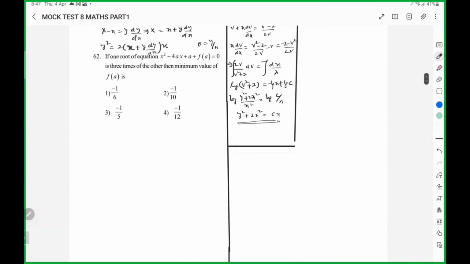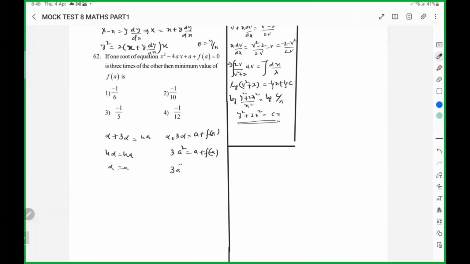If one root of the equation is 3 times the other, the sum of the roots is 4a, and one root is alpha and the other is 3 alpha. Then find the minimum value. Alpha becomes a, 3a square becomes a plus f of a.